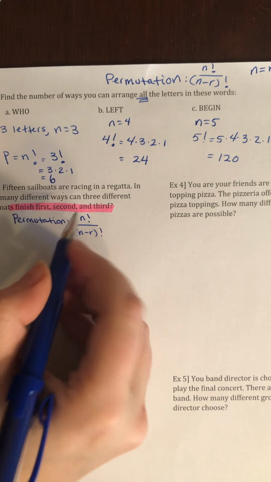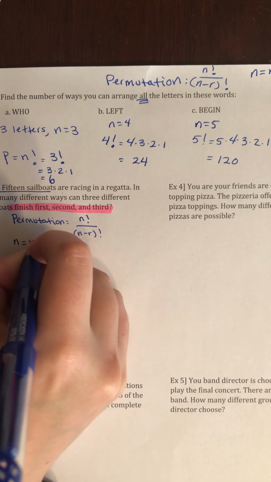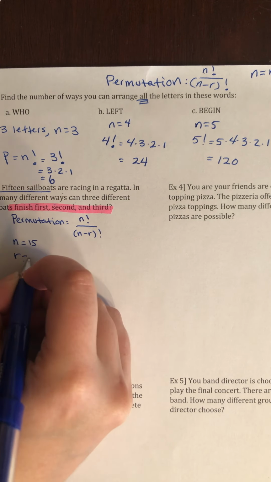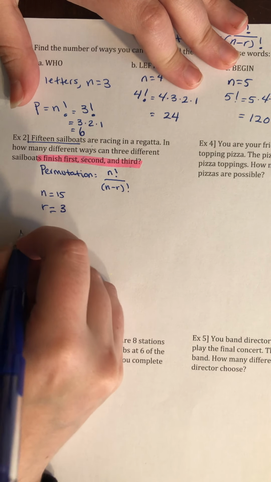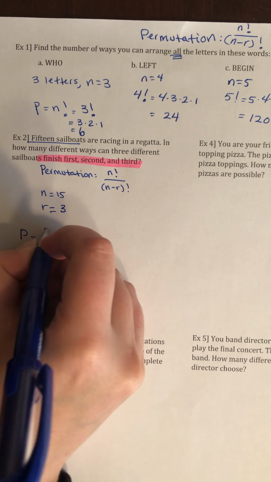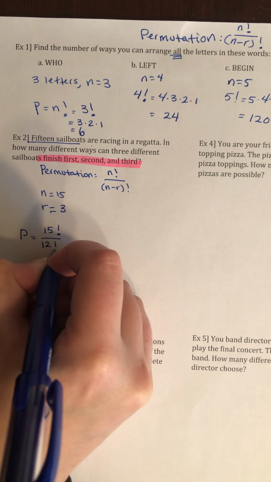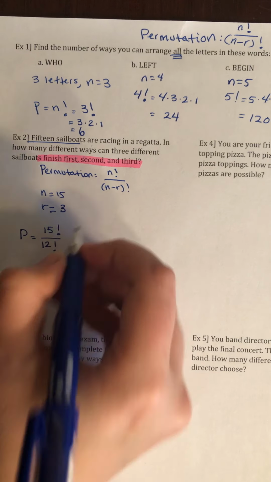There are 15 sailboats in total, so that's my n. They're finishing first, second, and third, so I'm choosing 3. So I have 15 factorial over 12 factorial, or over 15 minus 3 factorial.